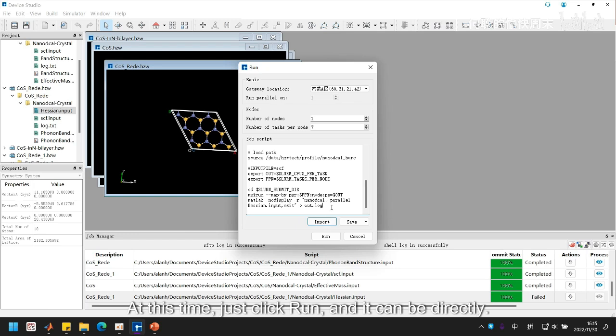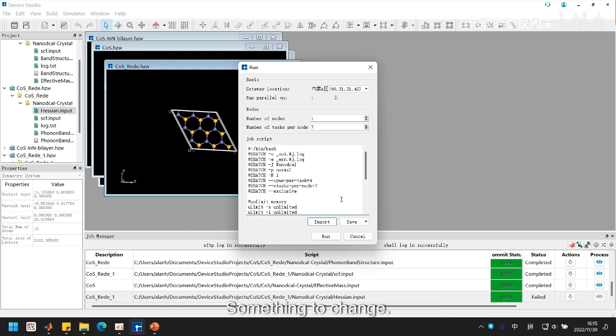At this time, just click Run, and it can run directly without preparing another script file for the submission yourself. Something to change: it uses a thread count of 4 times 28 here, which we can change to 4x6 or other numbers.